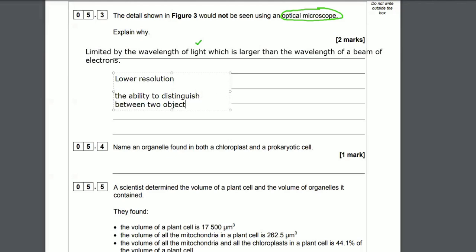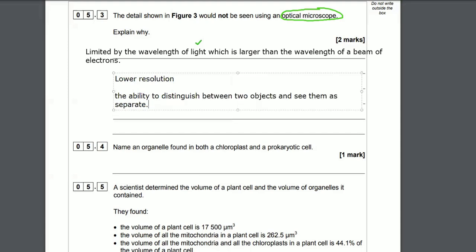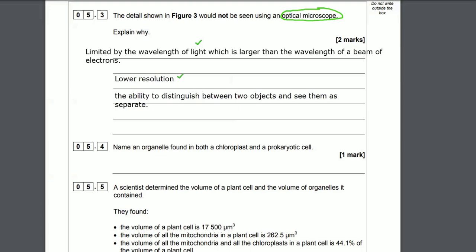And if you want a definition of resolution, you don't need it here, but it's the ability to distinguish 2 objects as separate, and not see them as one lump. Great. So the main points is optical microscopes are limited by the wavelength of light, so they have a low resolution. Basically, a lot of those organelles are smaller in their width than the wavelength of a light ray.